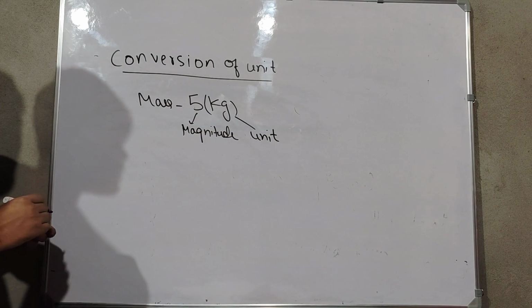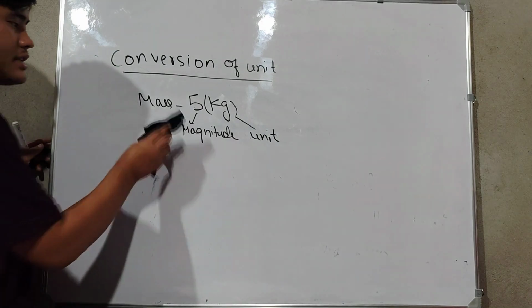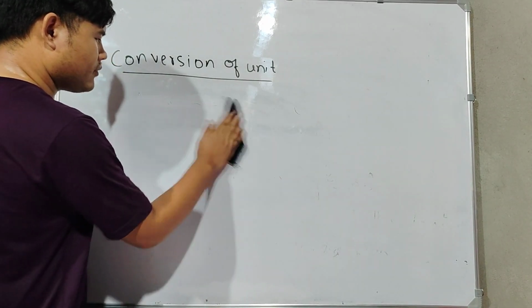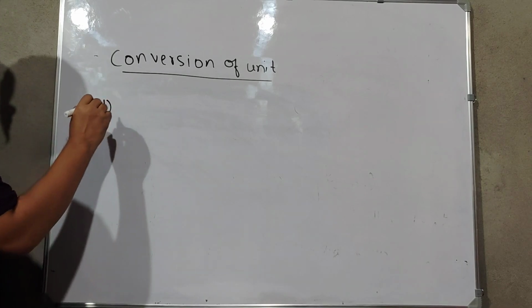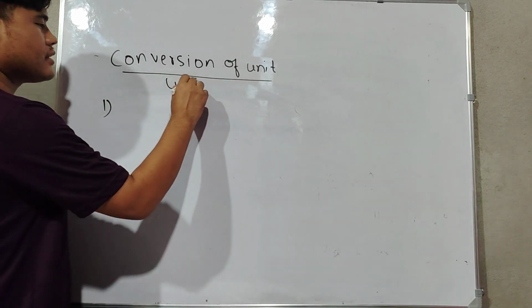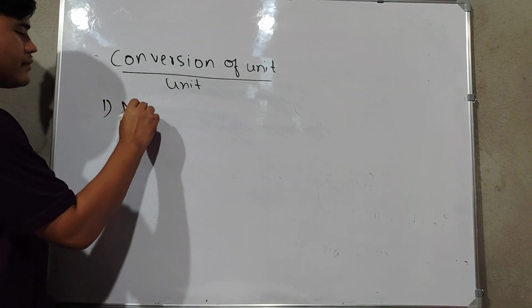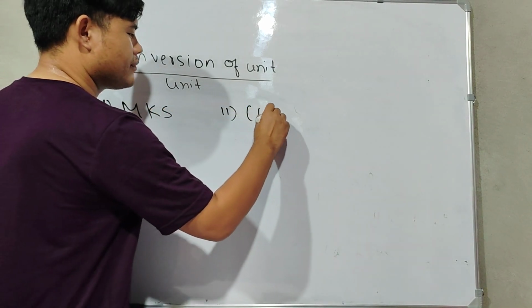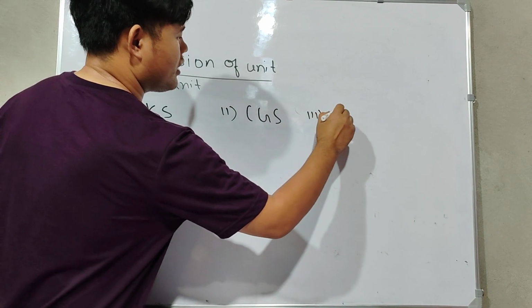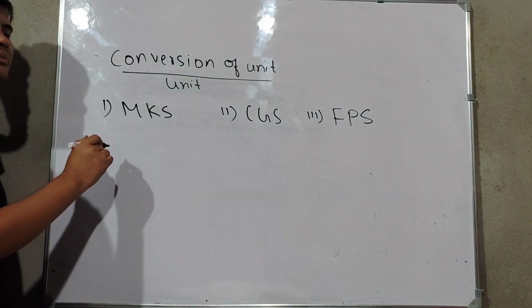Now these systems of units are of three types. The first one is the MKS, the second one is the CGS, and the third one is the FPS. So MKS means what?